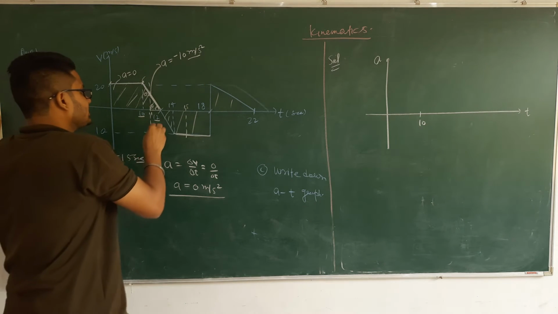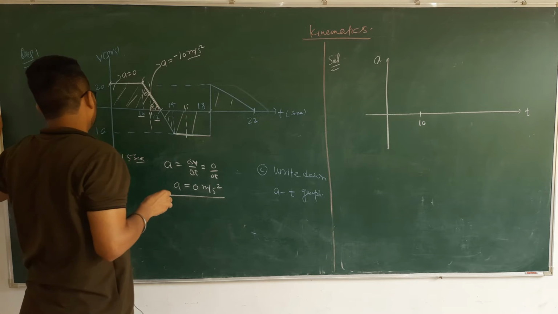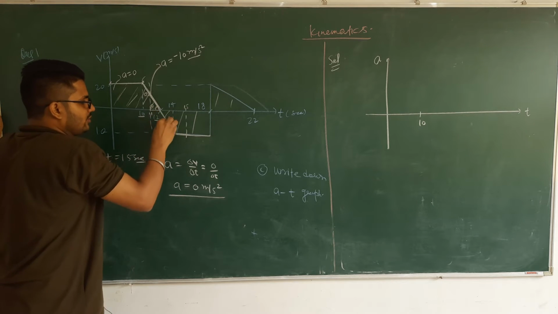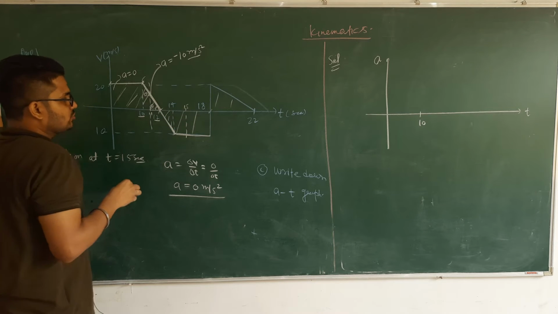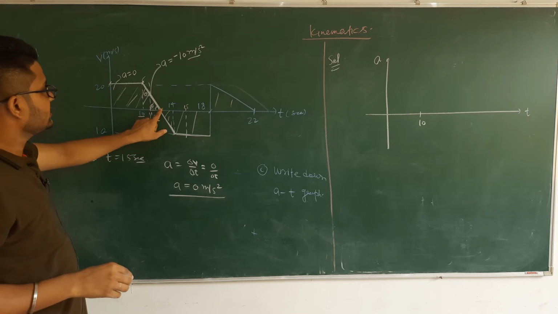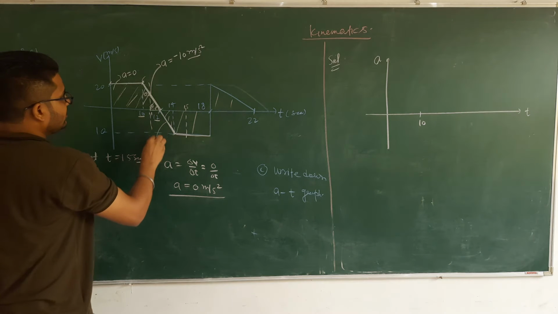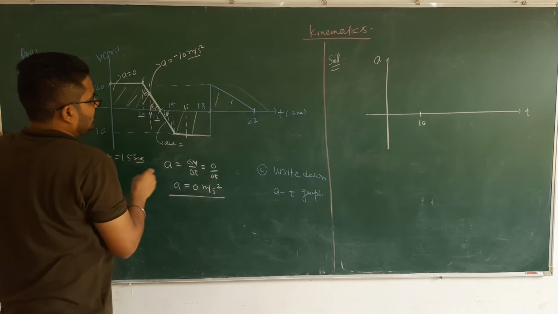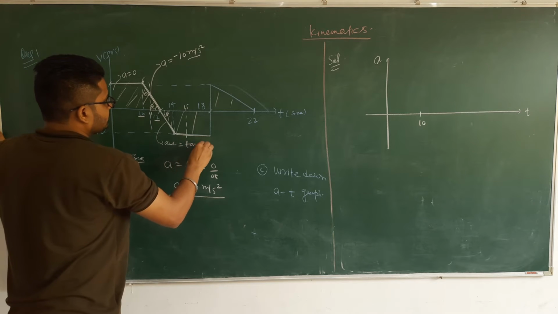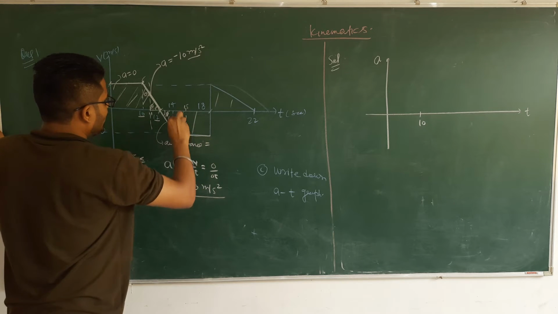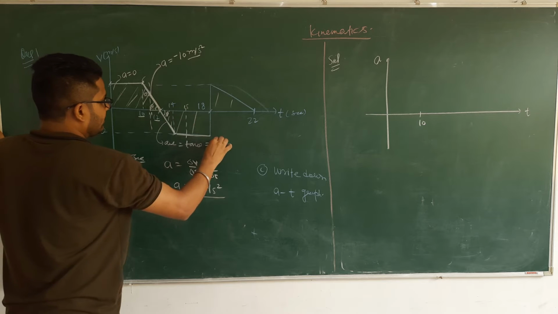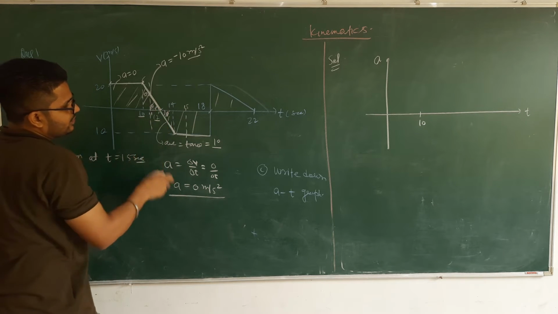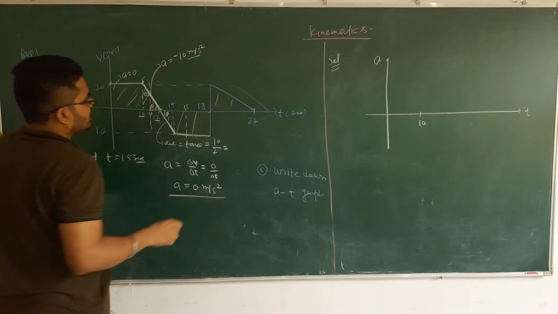What will be the acceleration between 12 to 14 seconds? For 12 to 14 seconds, this angle is also theta, so tan theta equals height 10 divided by the time period, which is 2.